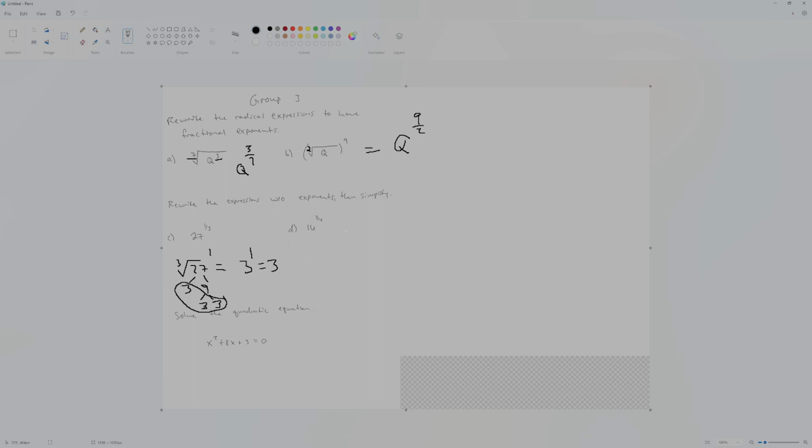For part D, again, this is the 4th root of 16 raised to the 3rd power. Okay, remember, that's the root. That number right there in the top, that's the exponent. So what number times itself 4 times is 16? 16 breaks up into 4 and 4. And those each break up into 2 and 2.